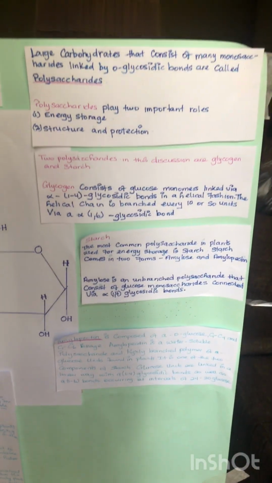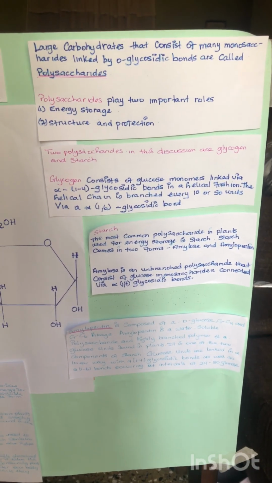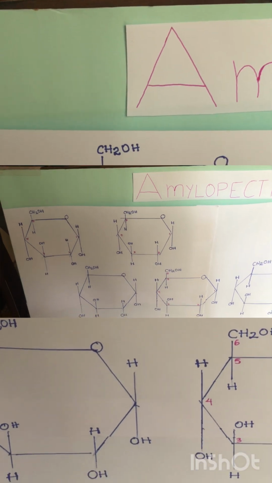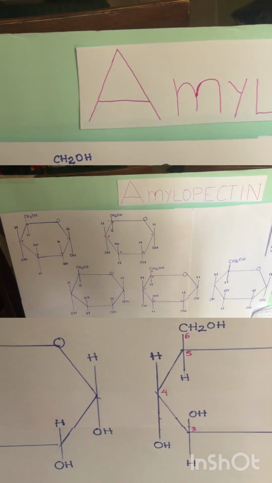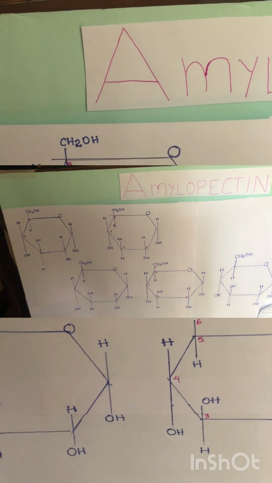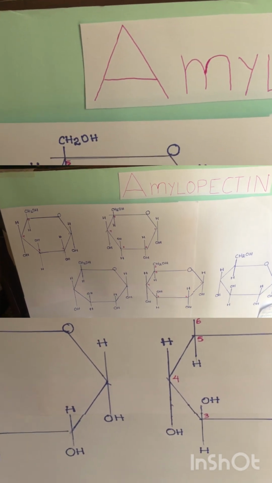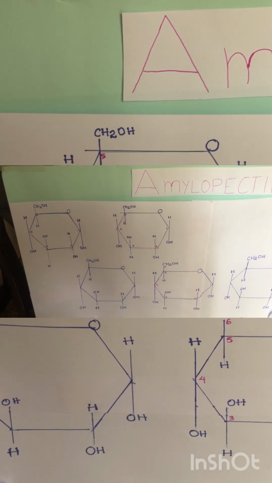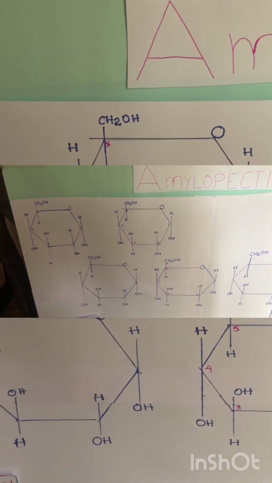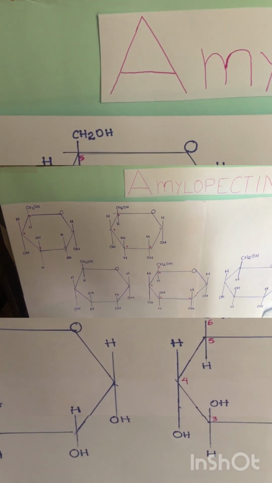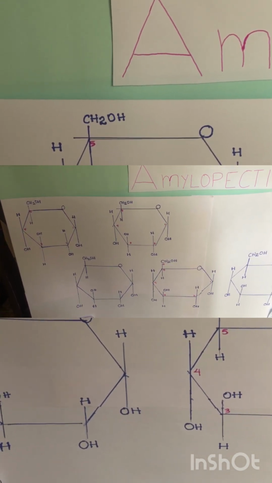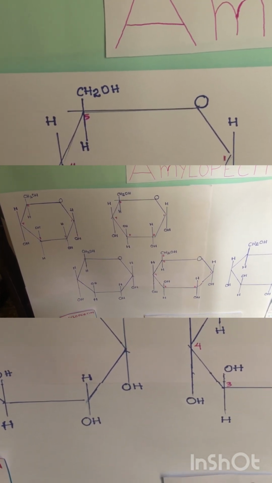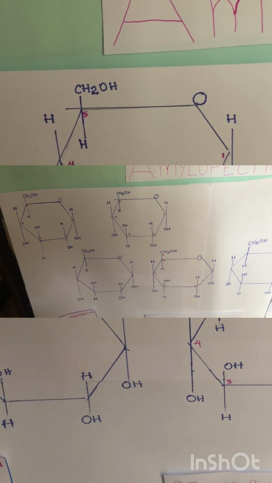We will now look at the structure of amylopectin. So this is my diagram of how I am going to show the linkage, the alpha 1 to 4 linkage and 1 to 6 linkage. As you can see, I've already drawn the glucose monomers at the top and at the bottom, and I'm going to demonstrate the linkage and what is going to happen when we lose certain elements.